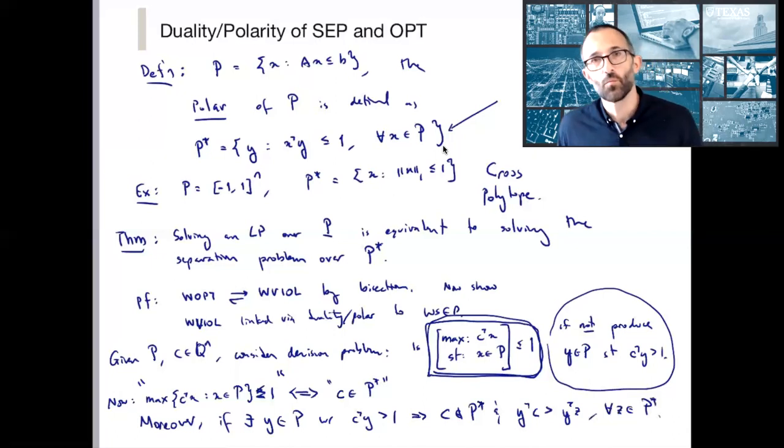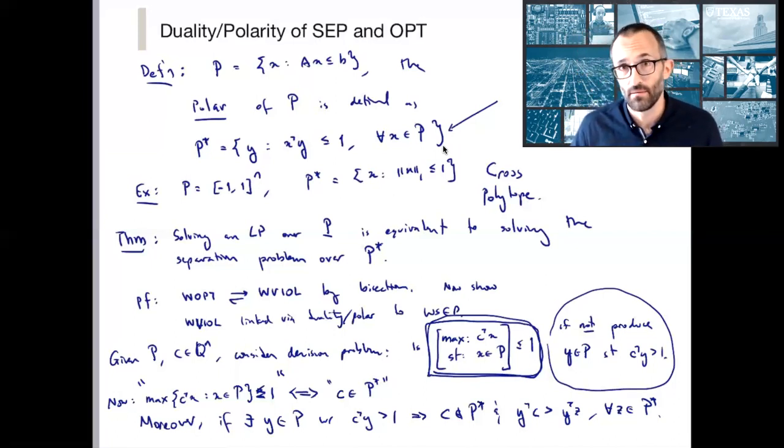That proves one implication. The other implication takes a little bit more care because it's not clear that any separating hyperplane belongs to P, but it corresponds to something in P. I'll let you think about those details.